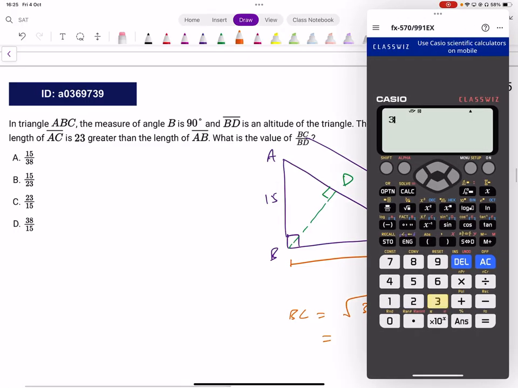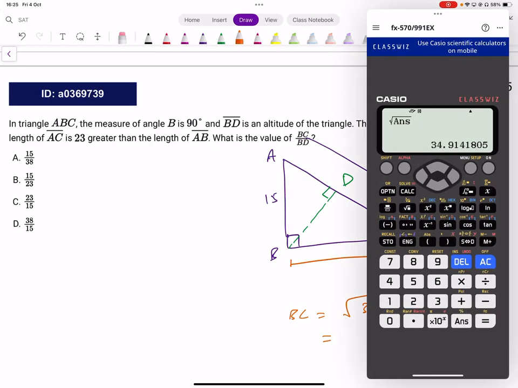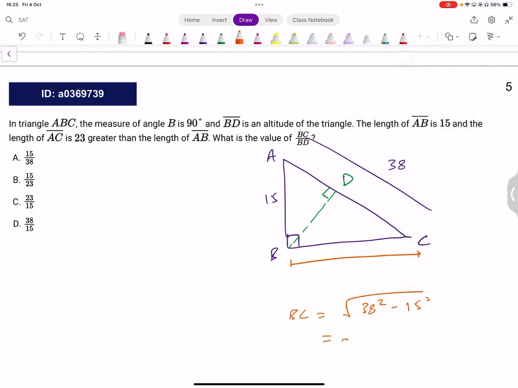Okay. 38 squared minus 15 squared. And then square root of that. That is in decimals. Okay. 34.91. Let's actually keep this in that form. Square this. 1219. So this is square root of 1219.